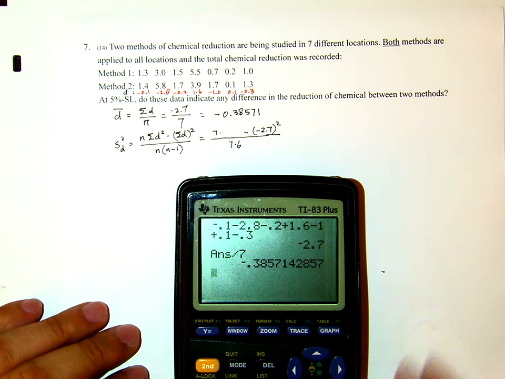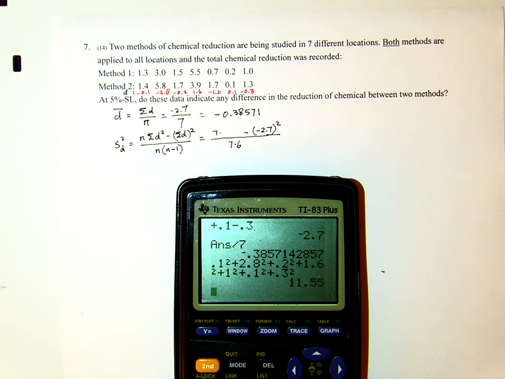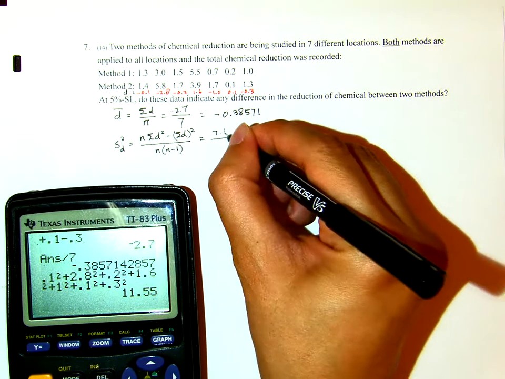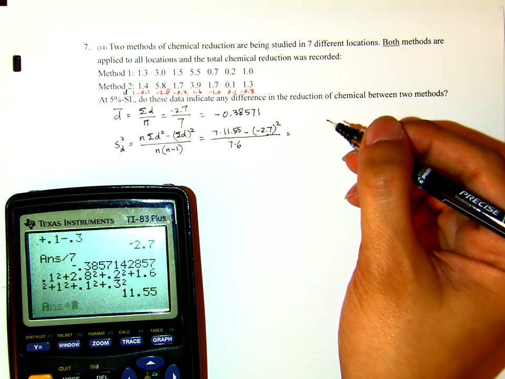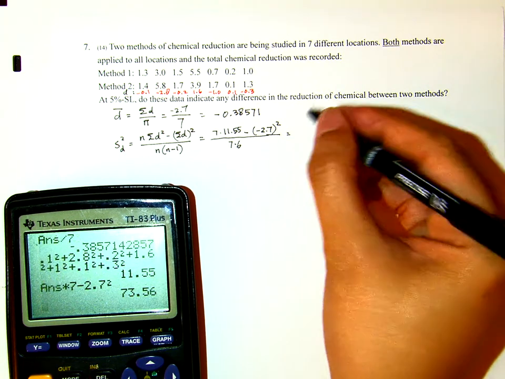Now let's see the square of those: 0.1 squared plus 2.8 squared plus 0.2 squared plus 1.6 squared plus 1 squared plus 0.1 squared plus 0.3 squared. You may wonder why I don't use negatives when I square, because a negative number squared is positive anyway. That's 11.55.